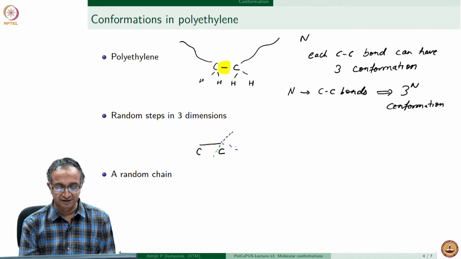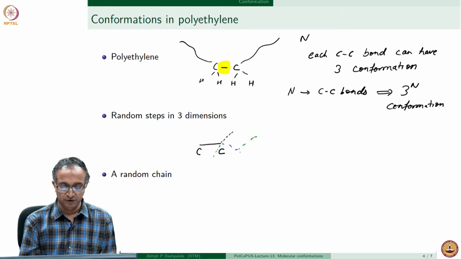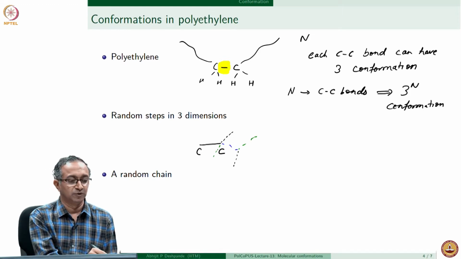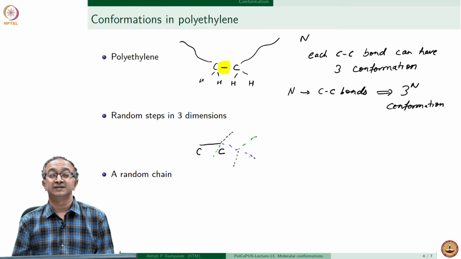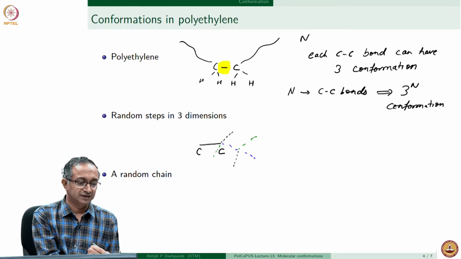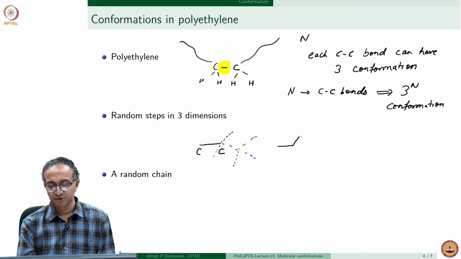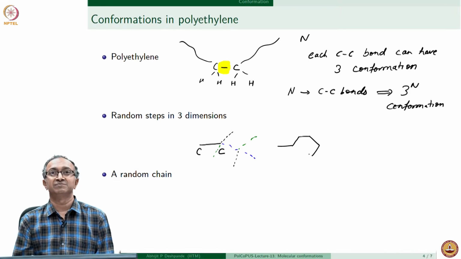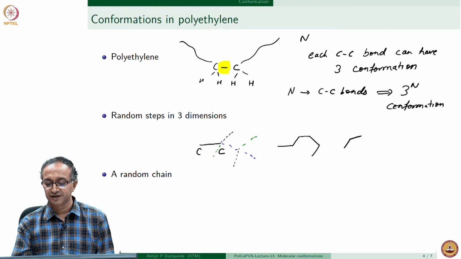So if I take the blue bond as the conformational state, again I will have 3 options from this blue bond also. So effectively, when I start drawing, I may get a single bond, second bond, third bond, fourth bond, fifth bond. And so what I am drawing is a snapshot of a conformation of a polymer chain. Same polymer in the next instant of time could be first bond, second bond, third bond, fourth bond, and so on.